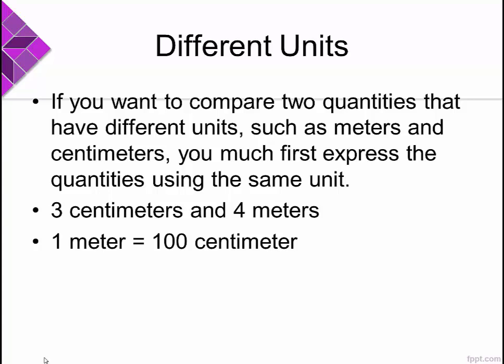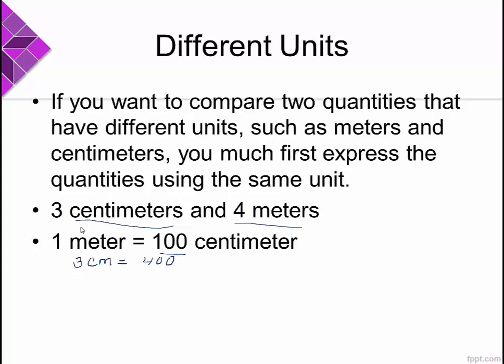For an example, 3 centimeters and 4 meters. We want to compare those quantities. 3 centimeters is the smaller. 4 meters is larger. So we have to convert the larger to the smaller in this one. 4 meters equals 400 centimeters, because there's 100 centimeters in every meter.